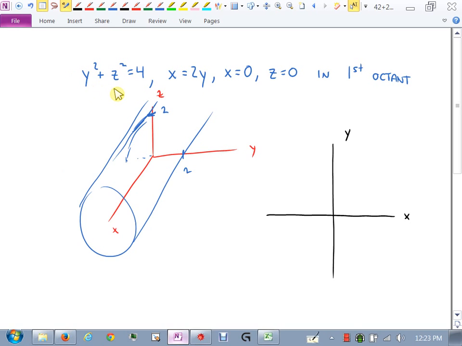So if y squared is 4, that means y is either positive 2 or negative 2. But we are in the first octant, which means we are only positive 2. Do y'all agree? If we're in the first octant, we're really only in the first quadrant? That's kind of a big deal, right? The first octant lies on top of the first quadrant in two-dimensional space. So I really only need to consider y equals 2 here.